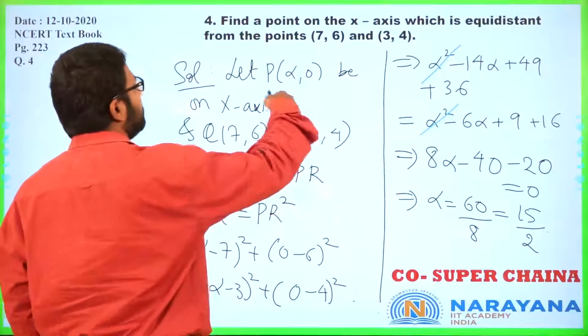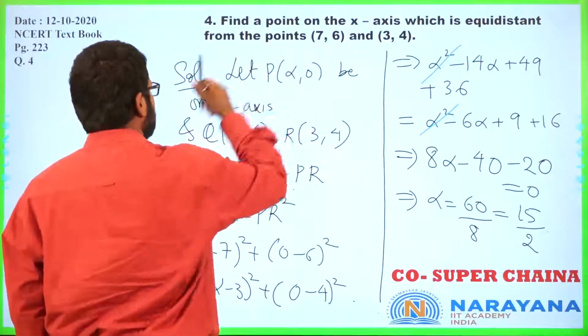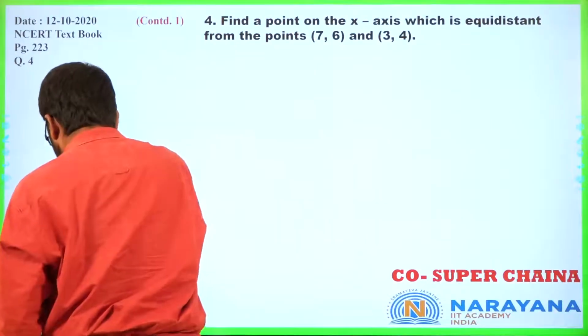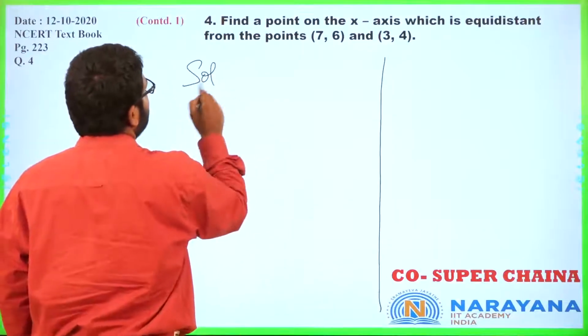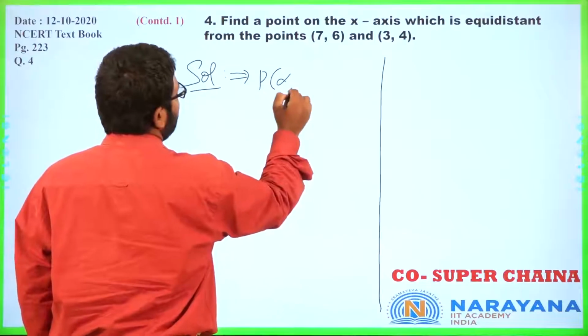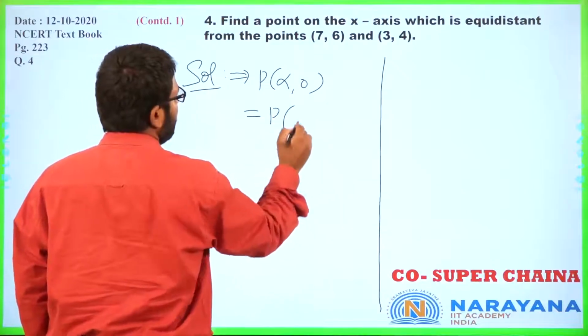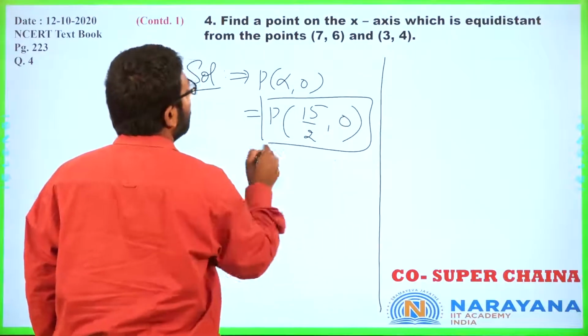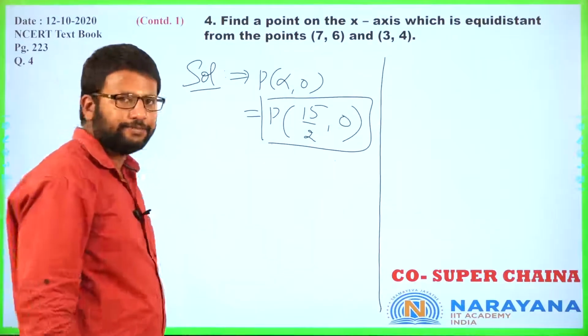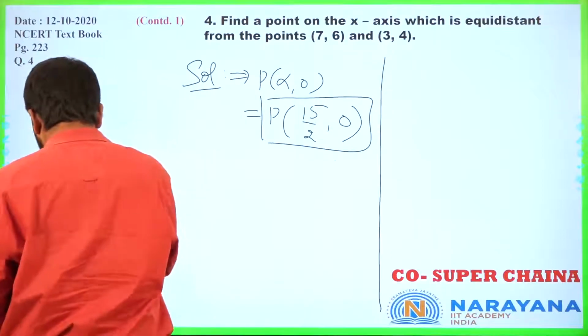We got alpha, we wanted that 1 point, no? Therefore, P alpha comma 0 is the point P 15 by 2 comma 0. Got it? Okay, let us proceed then.